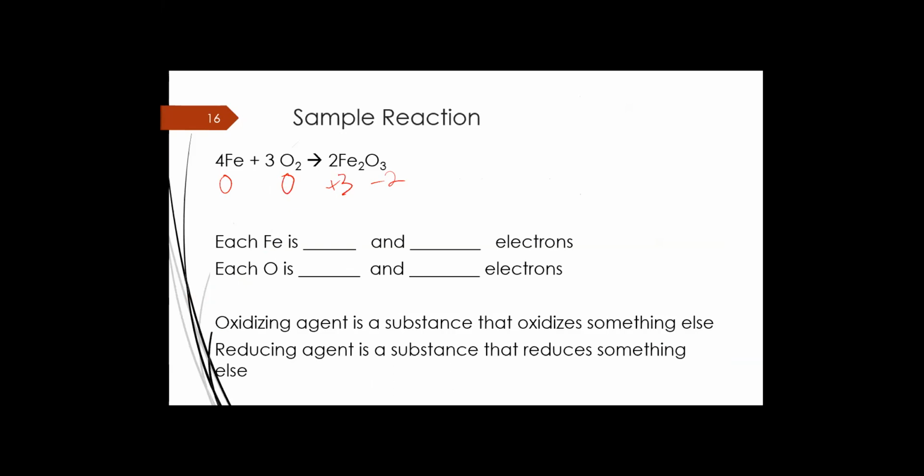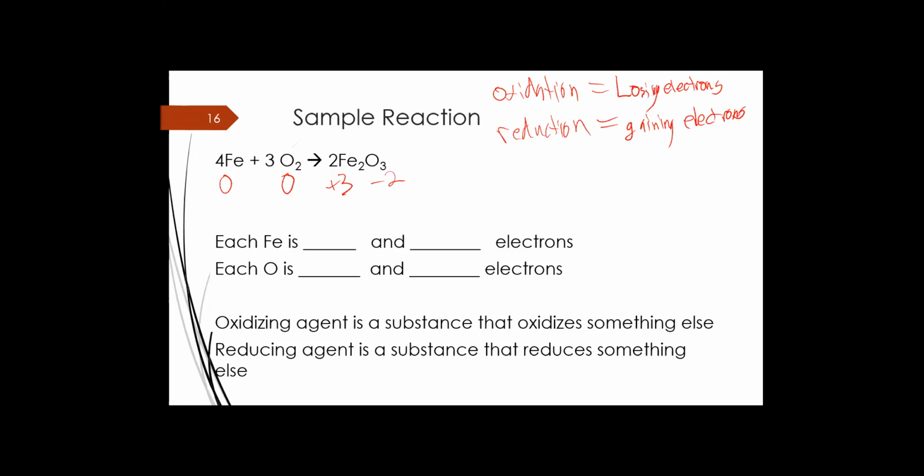Now from here, we're going to introduce 2 terms. We're going to introduce oxidation. We're going to introduce reduction. Oxidation means that you are losing electrons. Reduction means that you are gaining electrons.